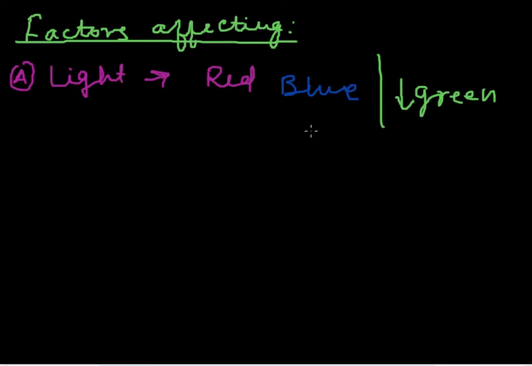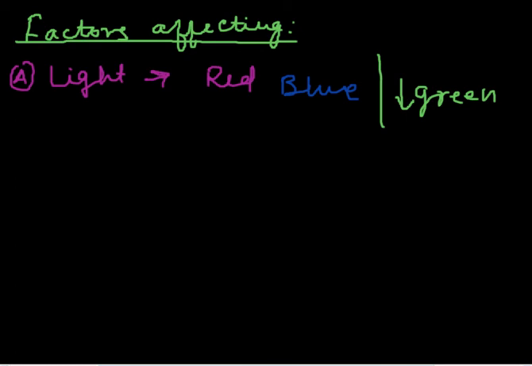Why? Because most of the green light is reflected by chlorophyll, so plants are unable to absorb more green light. Plants absorb mainly red and blue light, so photosynthesis occurs mostly in red and blue light.